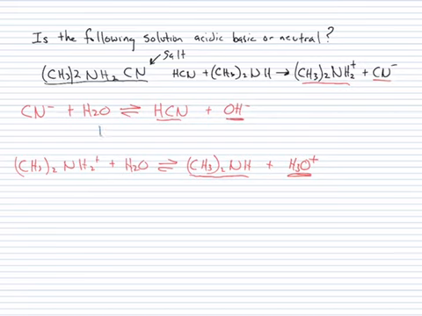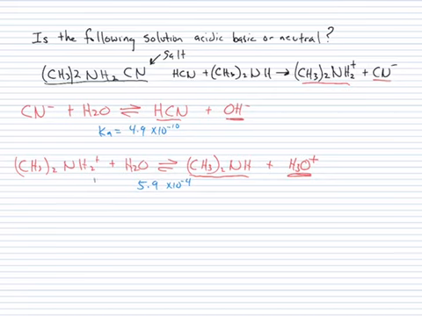HCN is an acid, so we're going to look at the Ka for HCN, and it's pretty small, 4.9 times 10 to the minus 10th. And for the dimethylamine, it's 5.9 times 10 to the minus 4th.